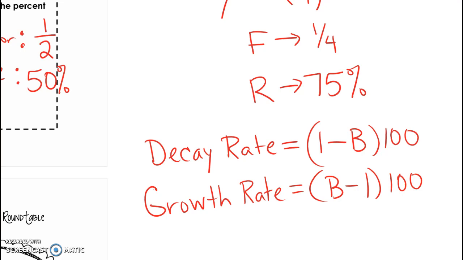Why is it different? Decay is what kind of number for the base? Less than 1. We don't want to have a negative. We're not going to have a negative. And growth is what kind of number? Greater than 1. So that's why we're subtracting 1 if it's growth. We're subtracting from 1 if it's decay. Because you're not going to have a negative percentage.